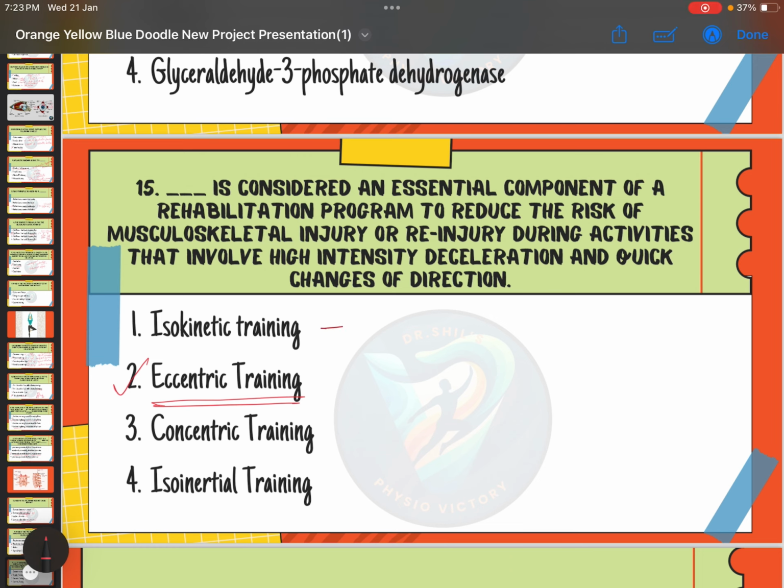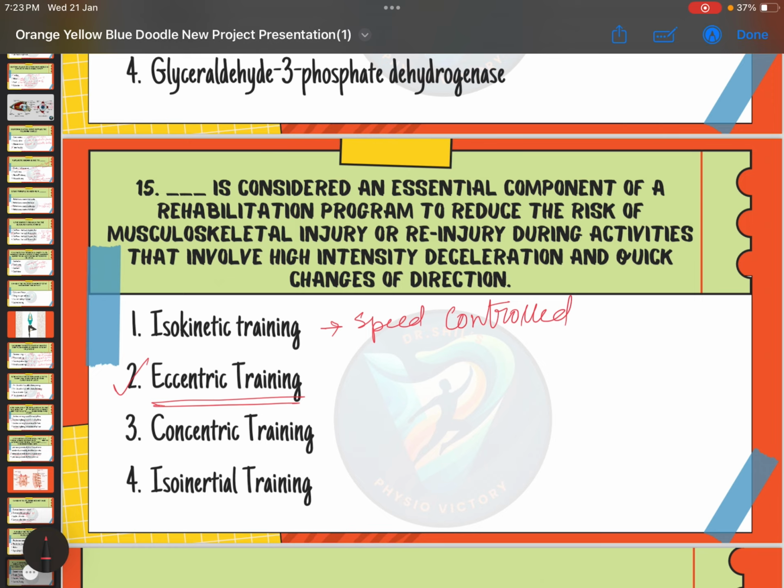Isokinetic training is speed controlled, useful for assessment, but less specific to real world deceleration.